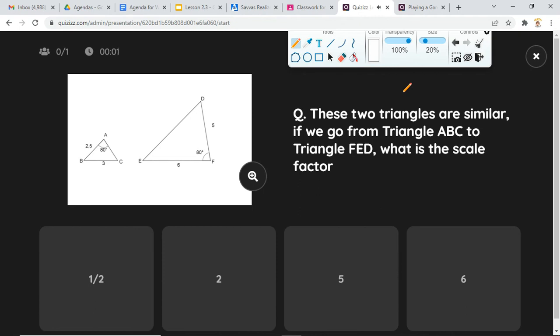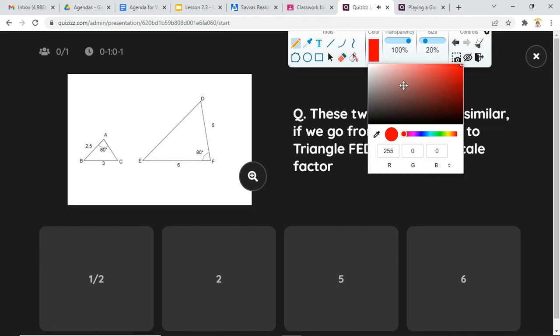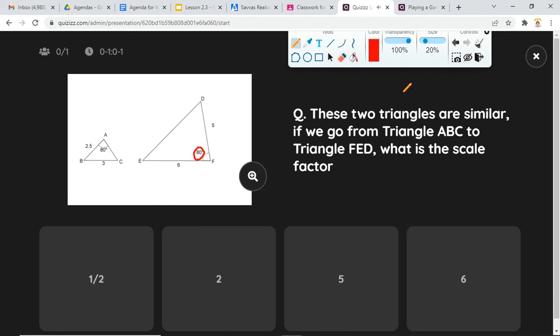Notice how my 80 degrees must be the same, and that one is on top. So what we want to do here is find the side length to the left of my 80 degrees, which is this side length 5. And then also to the left of my 80 degrees over here on triangle ABC is 2.5.